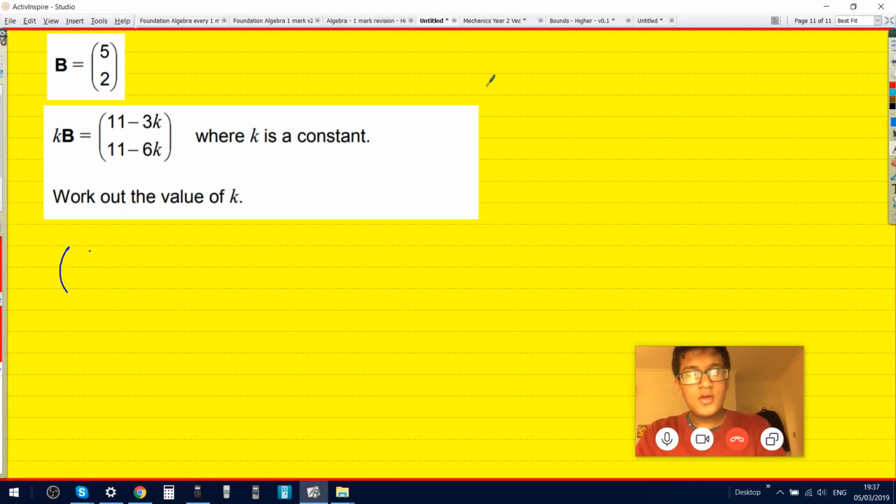Say it again, sorry? So k times (5, 2) equals (11 minus k, 11 minus 6k)... and then you've got (5k, 2k) equals (11 minus 3k, 11 minus 6k). Okay.